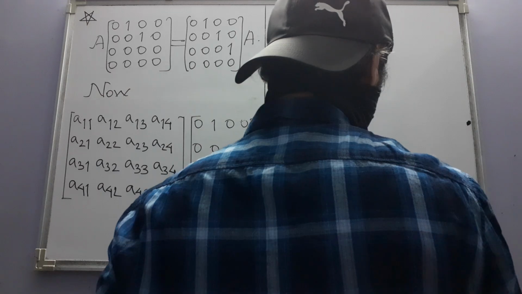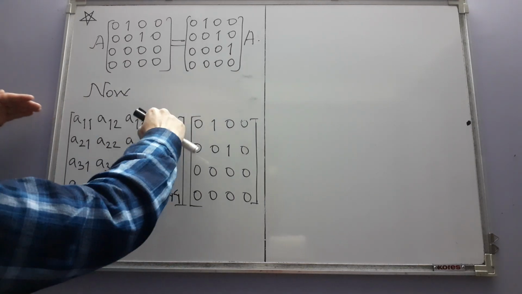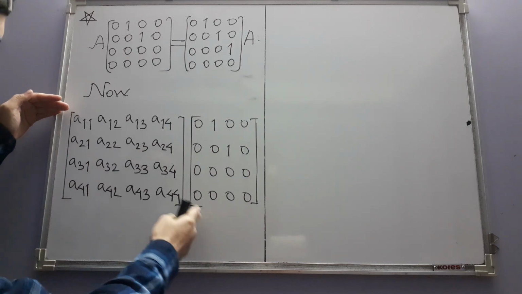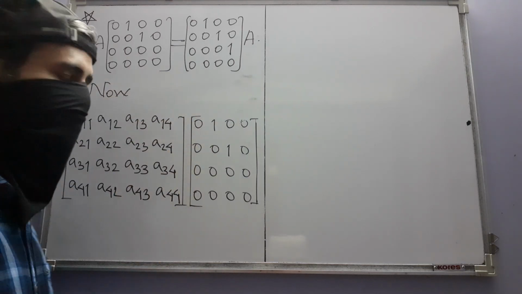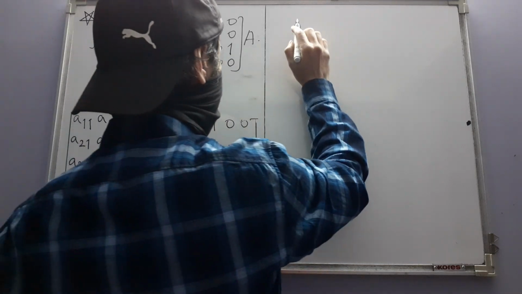Okay, so now we are going to calculate the product. So let's do the calculation. First row times first column. Because the first column consists of only 0 entries, the first row, first column entry of the product will be simply 0.